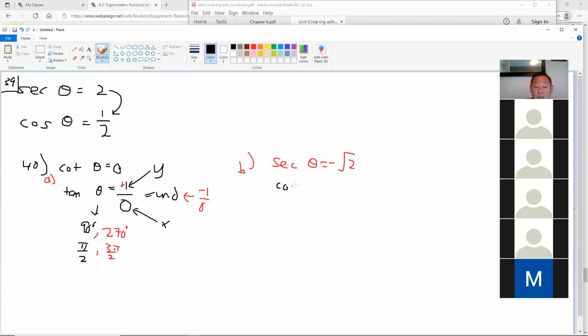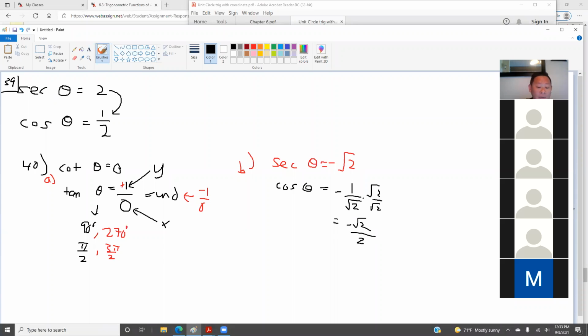It will be cosine, right? This is where we need to know this. So what we need to do is we have to flip this, so it becomes negative 1 over root 2. So we need to rationalize this. We need to multiply this by root 2 over root 2. So this is actually negative root 2 over 2. Don't forget, it's a negative.